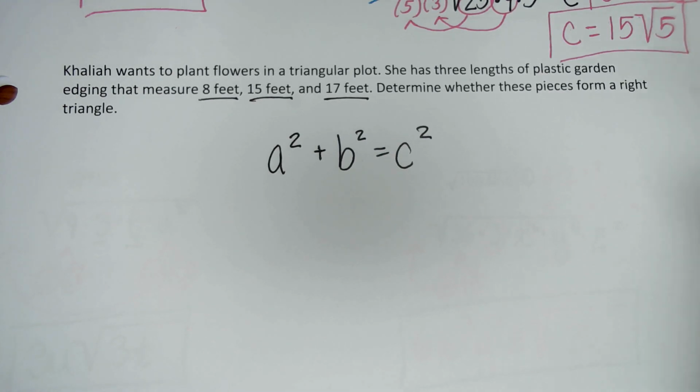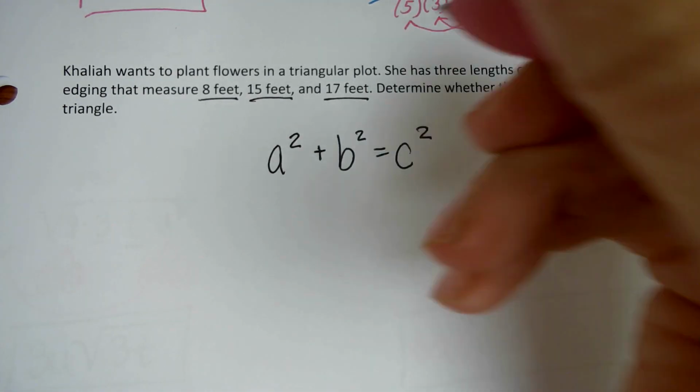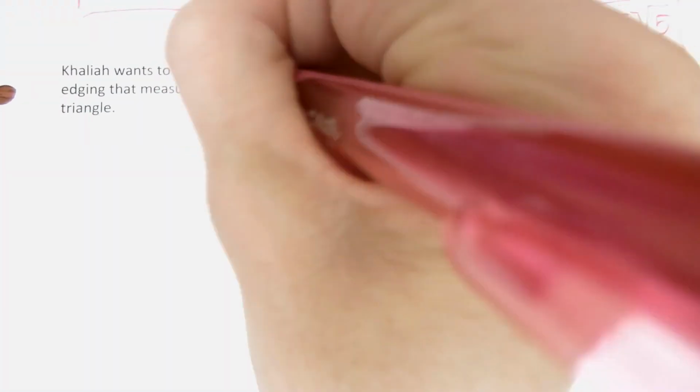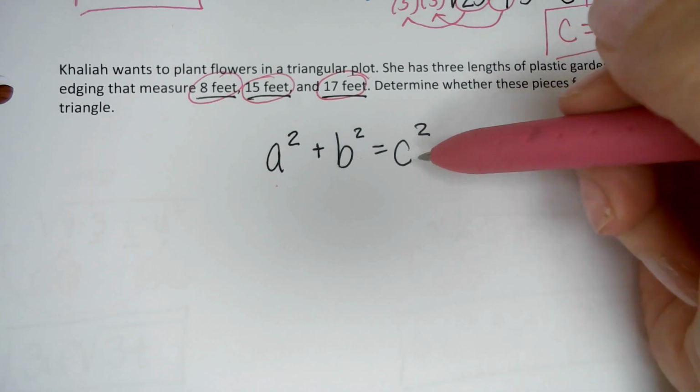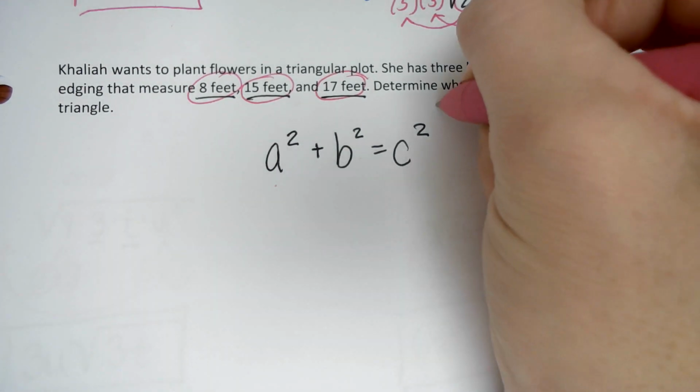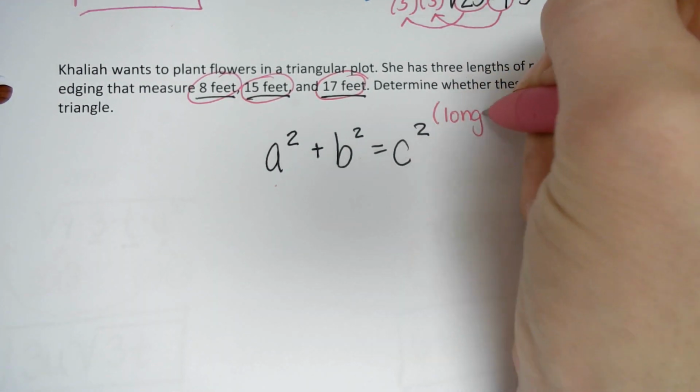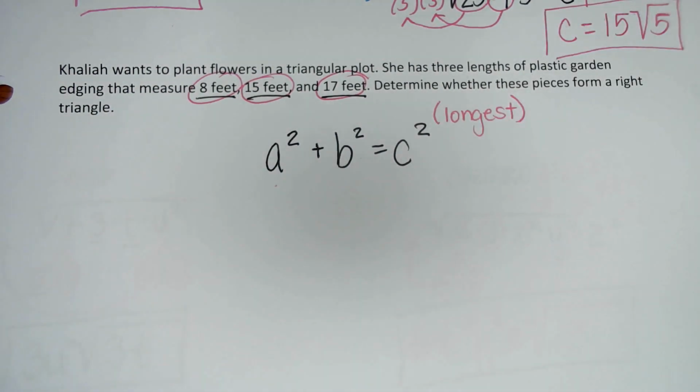Now to test it, we're going to take the numbers they've given us, plug it into the equation to see if it works. The only thing we want to keep in mind is that a and b are interchangeable, but c always has to be the hypotenuse, so that means it always has to be the longest length. So that in this case would be 17.